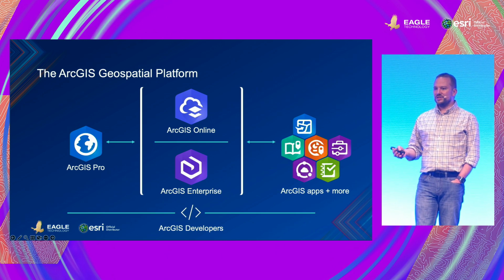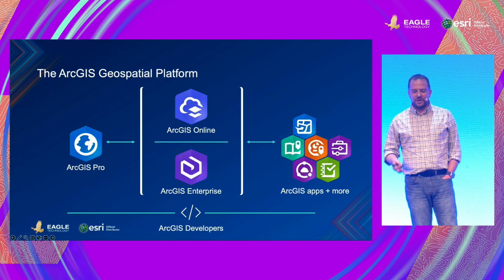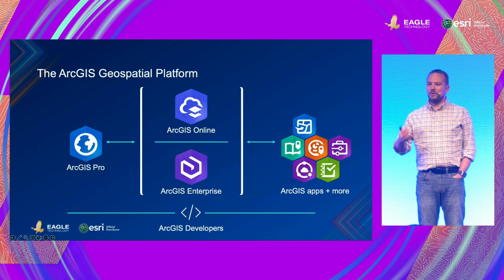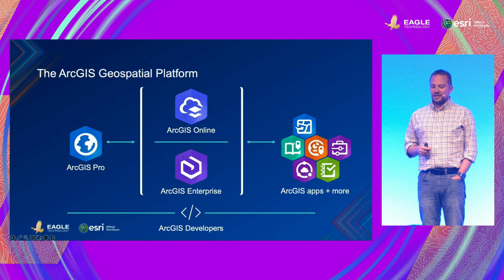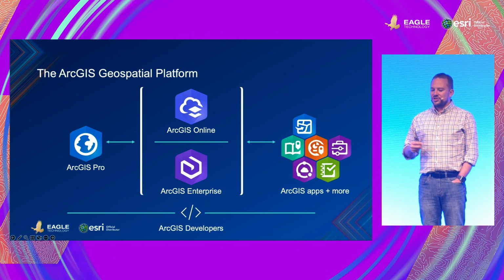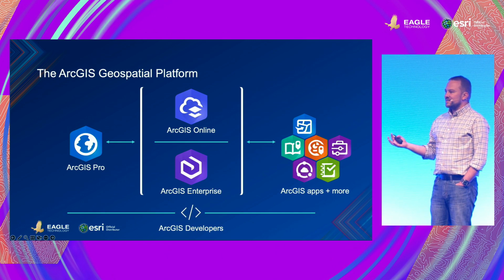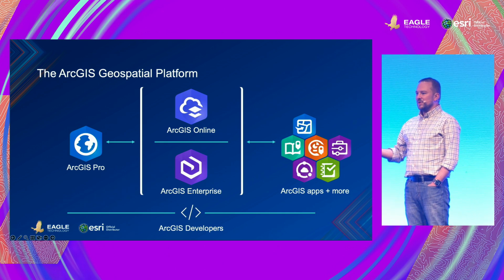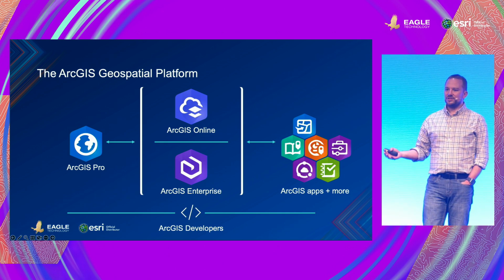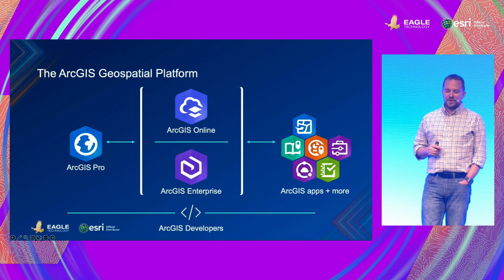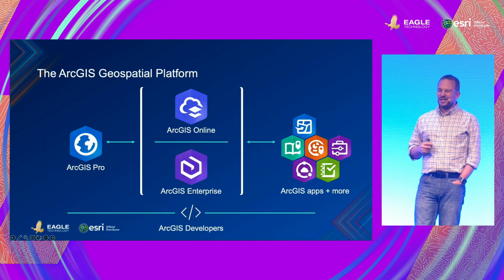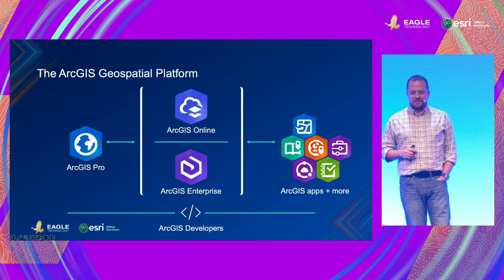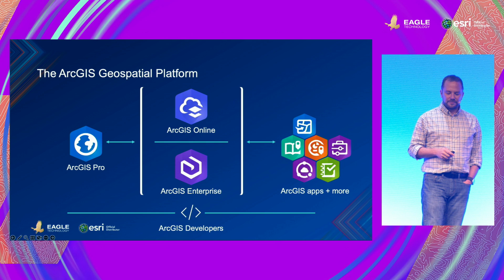The mobile applications like Field Maps and Survey123 and so forth connect to and are powered by ArcGIS Online and ArcGIS Enterprise. ArcGIS Pro stands out as what I like to lovingly say is first among equals. From a certain perspective, it's just another application that works with ArcGIS Online and ArcGIS Enterprise, but it also serves as a very special application that has a fairly unique place in the grand scheme of things.